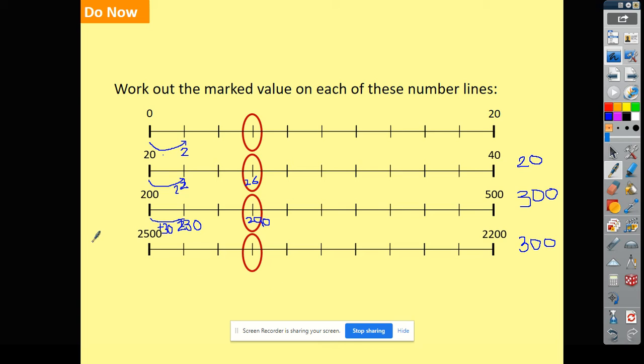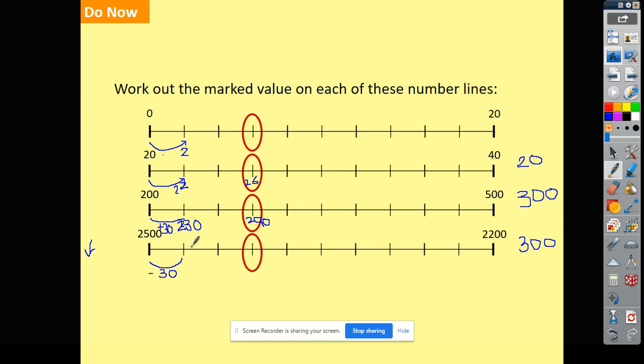Okay, so we do need to make sure, I'm going to make a little note here that this is going down, so I don't forget that in a minute. So again, it's split into 10, so I can divide this by 10, and we know then that each of these jumps is worth 30. But this time, remember, we're going down by 30 each time, not going up.